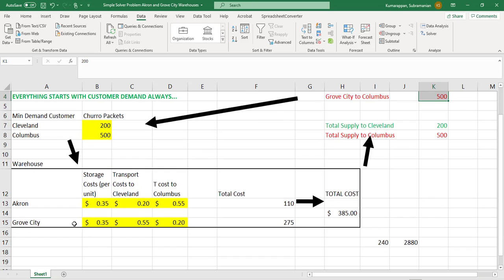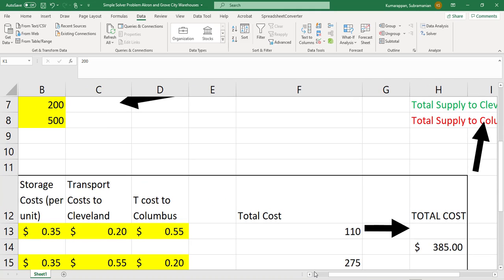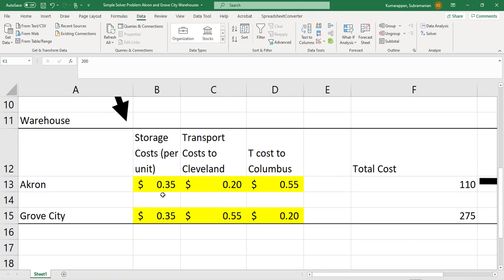Okay, and I already told you that we can use this to find the differences. For some reason, let us say your Akron distributor is very difficult to work with and they are charging you a high price of 55 cents per unit. Okay, and in Grove City, the costs are cheaper because you figured out a way to store them more effectively, something like that. So costs have gone down in Grove City.